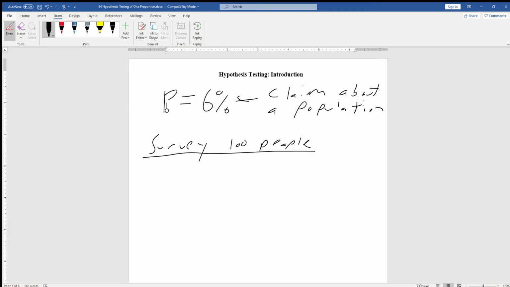Now, I have a random number generator. And what I'm going to do is randomly generate numbers. And if the number comes up as either 1, 2, 3, 4, 5, or 6, 6 out of 100, then I'm going to designate that that's a person with O-negative blood, and that's a success. So give me 1 second. I'm randomly generating this, and I'm just going to read this off really quickly.